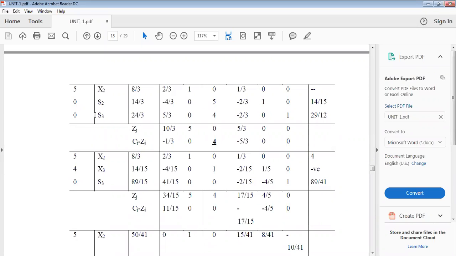Old R3 means this one, because the iteration is over. Minus, because this has to be made 0, so minus 4 into new R2, and automatically this becomes 0.